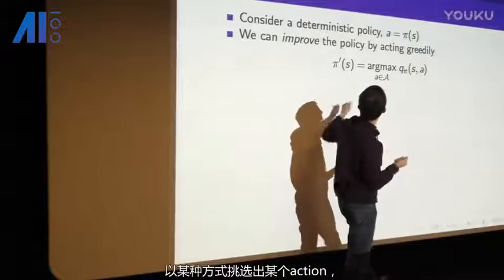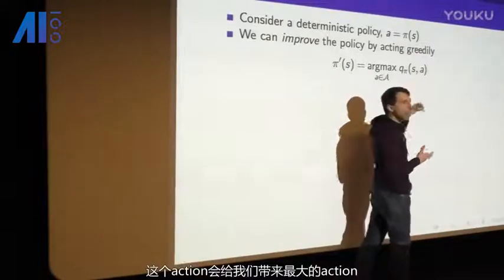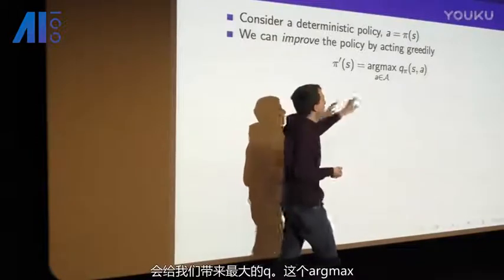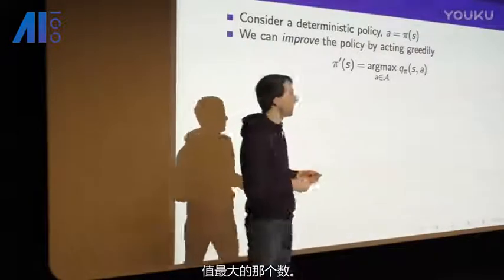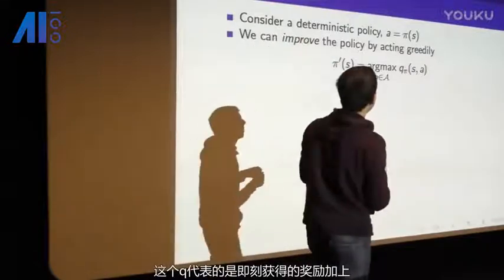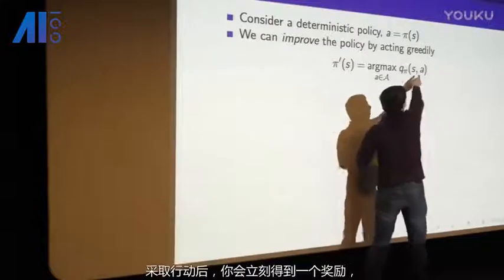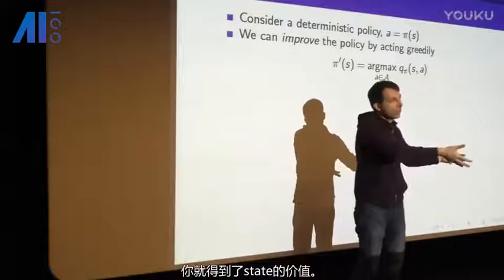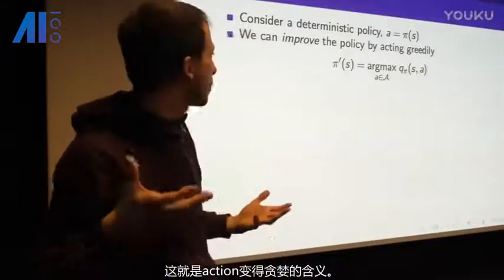So what we want to do is pick the action that gives us the maximum action value, the most Q. So that's what this argmax means. It just returns the action that maximizes this quantity. And Q, remember, is just the immediate reward when you take action A plus the state value function of where you end up. So that's what it means to act greedily.